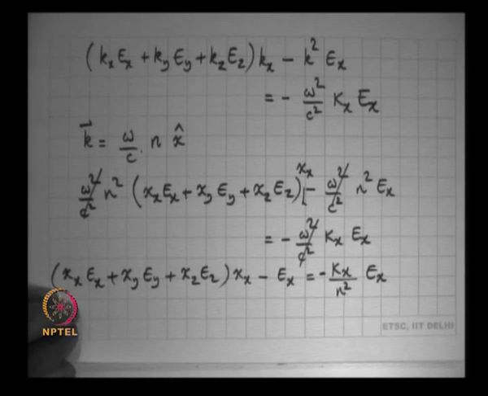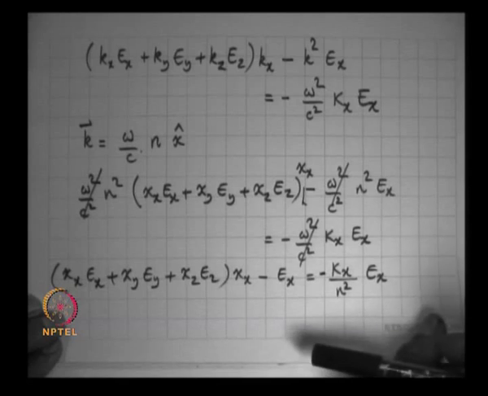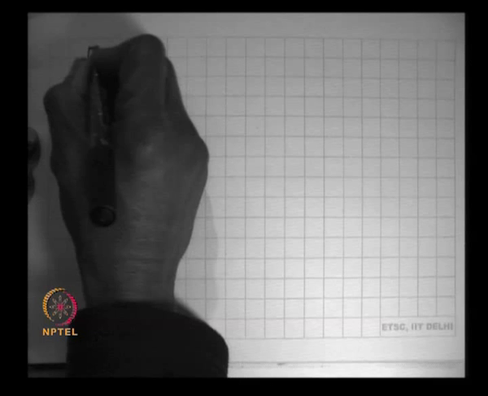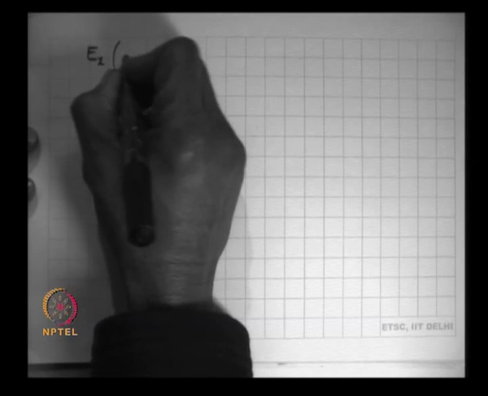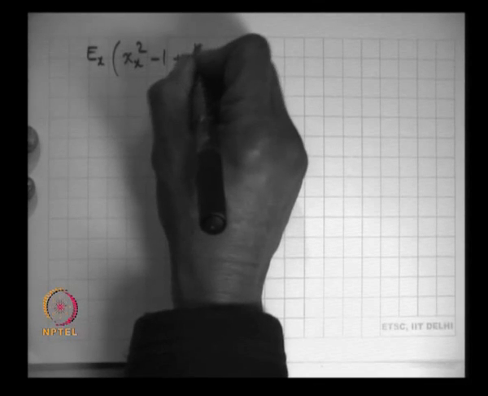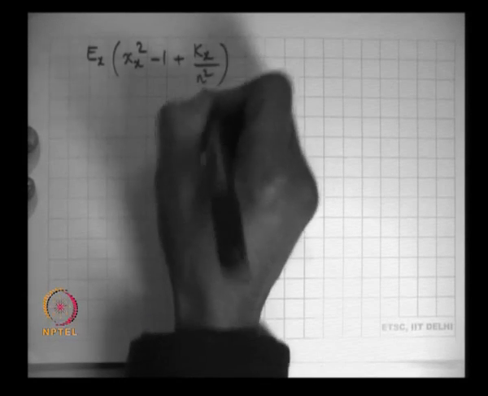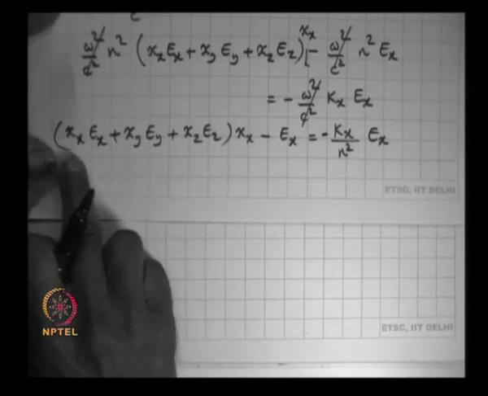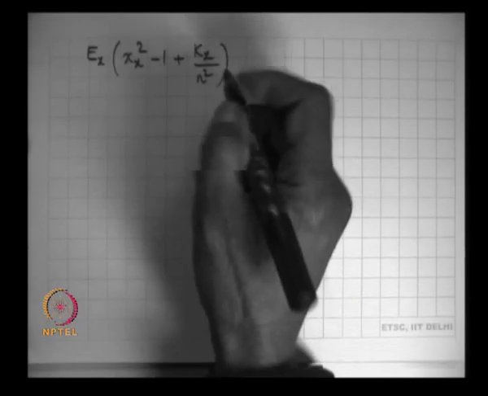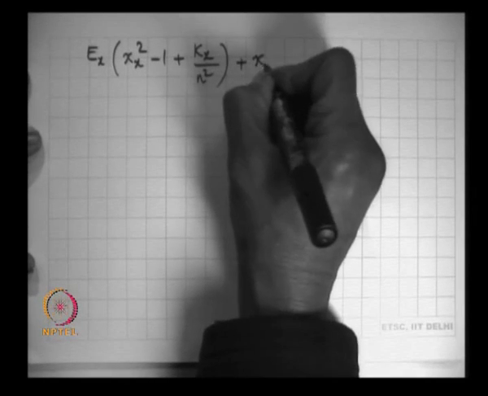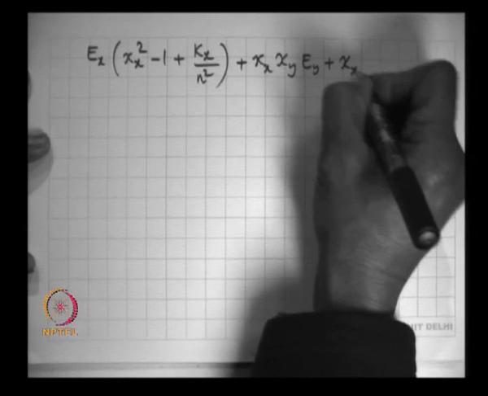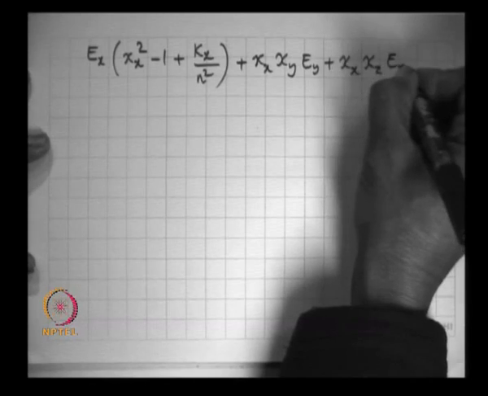So, let me now write this equation after opening up the bracket, and what I will get is, I will have Ex into kappa x square minus 1 plus kx by n square. So, this is kappa x square minus 1 from here and plus kx by n square into Ex plus kappa x kappa y Ey plus kappa x kappa z Ez is equal to 0.